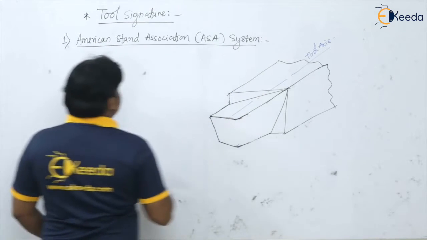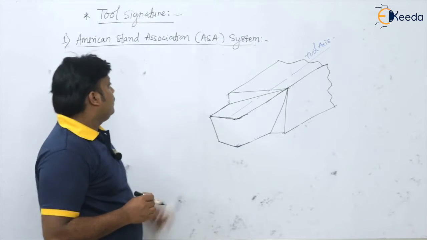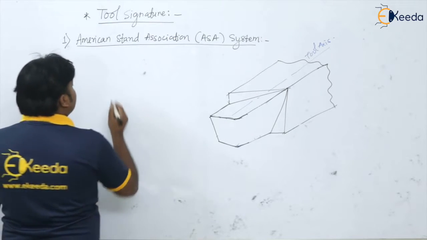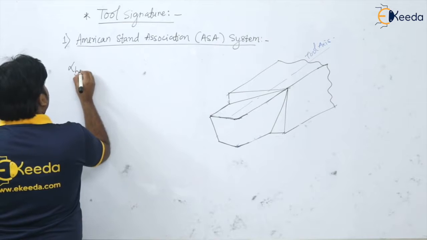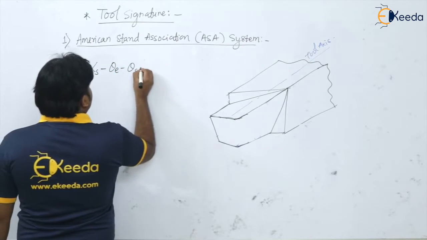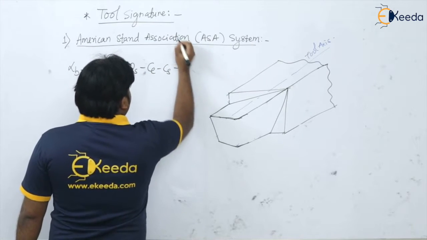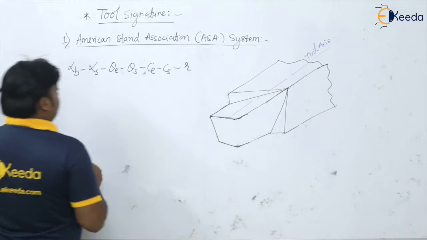So according to this ASA system, so see here, the tool signature is given like this. So back rake angle, then side rake angle, theta E, theta S, CE, CS, and nose radius R. Okay.